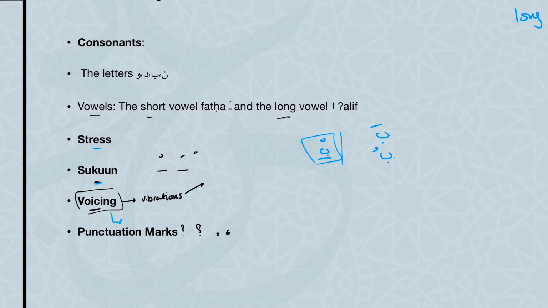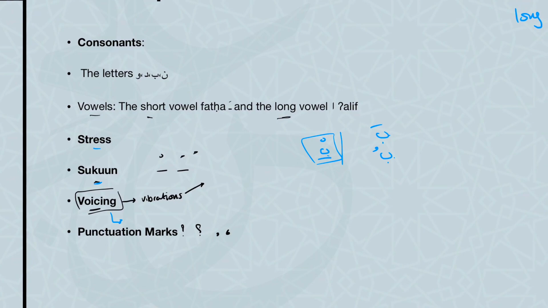This is where your voice happens, where your vocal cords are. When it comes to certain sounds, they divide into 2 main categories: either a sound is voiced or unvoiced, or voiceless. The difference is whether this sound produces vibrations in my voice box or not.